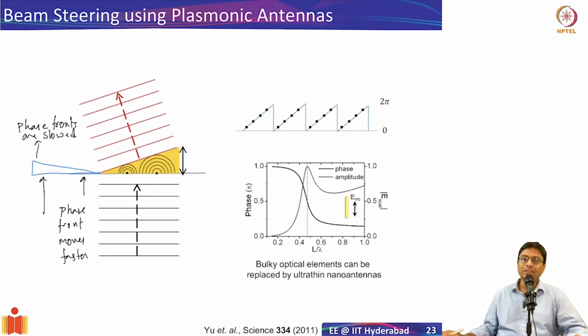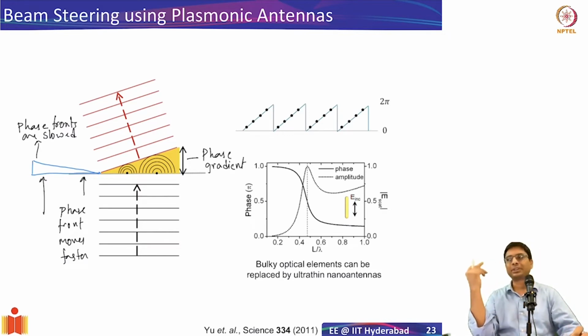Now, we cannot in practice create a continuous wedge, or I can call it a phase gradient as well. In practice, I cannot create a continuously changing phase gradient, but we know from our basic understanding of how waves propagate that we can wrap phase at 2 pi.